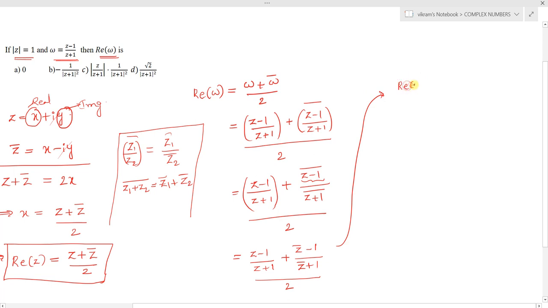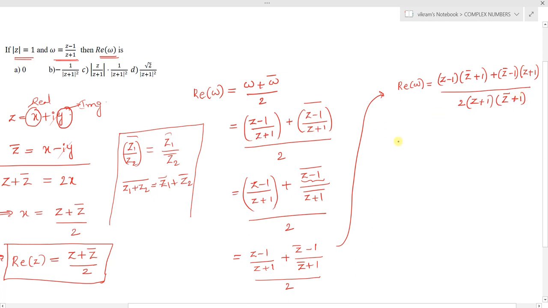If I am moving to the simplification, take the LCM for this. Then we can write the real part of omega equals (z minus 1) into (z conjugate plus 1), plus (z conjugate minus 1) into (z plus 1), by 2 into (z plus 1) into (z conjugate plus 1).